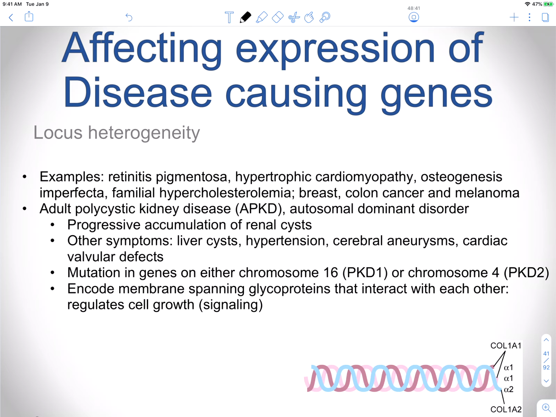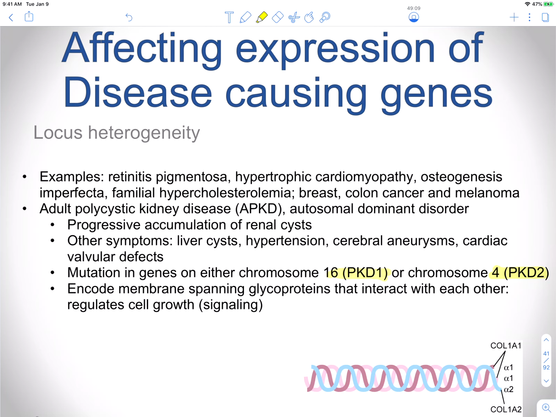In this one you have progressive accumulation of renal cysts, and you can have other cysts as well as hypertension and cardiac valvular abnormalities, etc. Mutations in genes on either chromosome 16, PKD1, or chromosome 4, PKD2, will lead to the same phenotype. These encode membrane-spanning glycoproteins that interact with each other, so if you lose one, you have the same phenotype as if you lost the other.